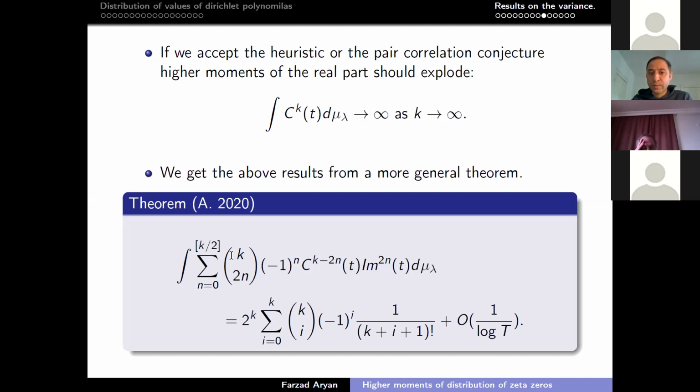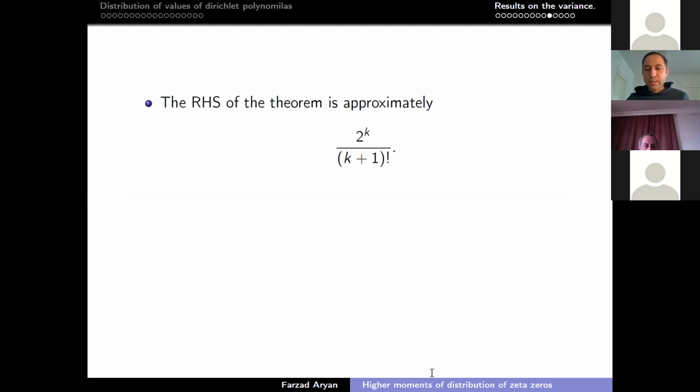Pseudo moment is like, imagine z is a random variable, and you just have z to the power k. So you don't have the absolute value of z to the power k. If you want to know the distribution, you need the absolute value of z to the power k. You may ask me, what is the right-hand side? It's about 2 to the power k divided by (k plus 1) factorial.